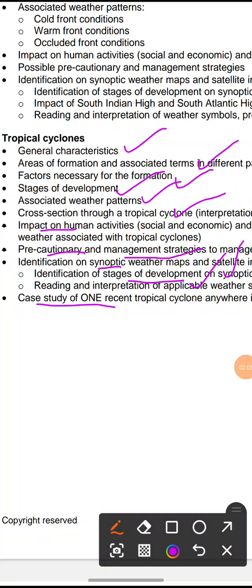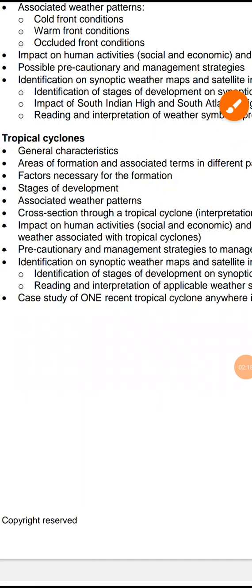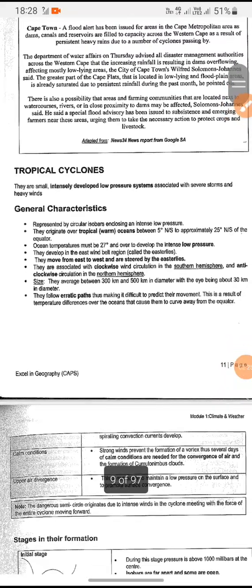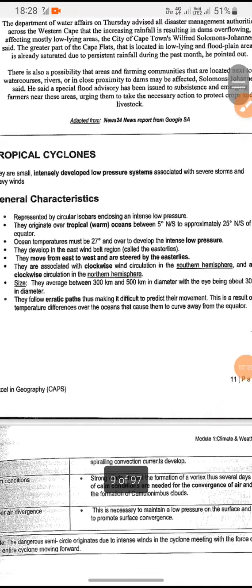This is the most important one. They bring them in case study form. You must be able to read the case study and understand it, give the impact, give the evidence. That's all you need to know on tropical cyclone. So here we are going through the general characteristics.